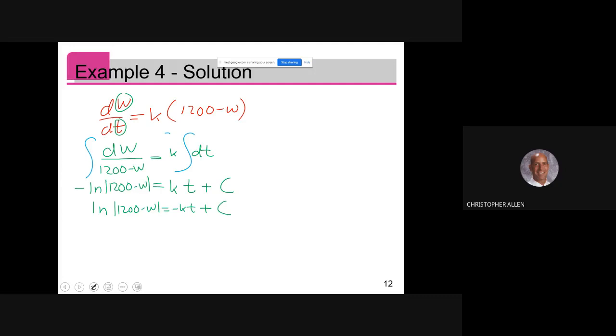No. So is U substitution just a different way to integrate, like a way to integrate on paper? Yeah. So here's why we're doing U sub. If I just said, what's this integral? You would say it's the natural log absolute value of x plus c, right? That's really close to what we have here. But technically, that's not just w on the bottom. It's 1200 minus w. So in this example, what we would do is we would say u is 1200 minus w.